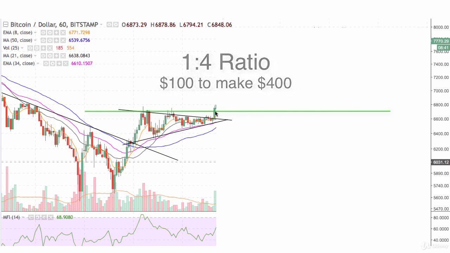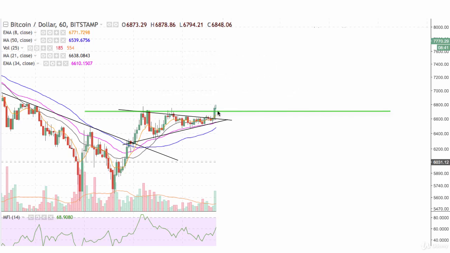So if you are entering at 6,700, you wouldn't want price to come down further than $100. So you have $6,800 worth of a coin. I'm just keeping things as simple as possible, even numbers. So you bought at 6,700, one coin, and you don't want to risk more than $100. You want to risk $100 to make 400, okay?